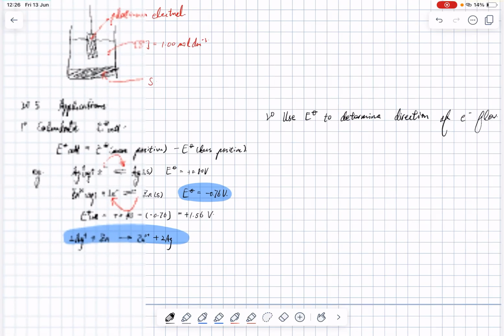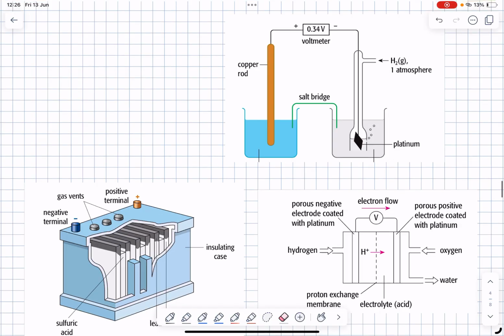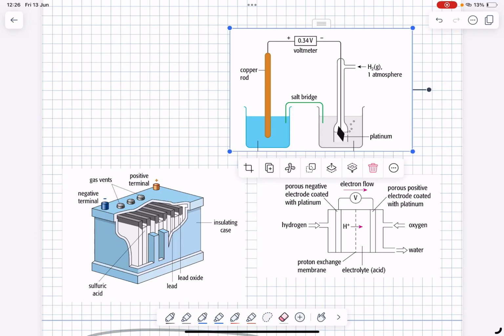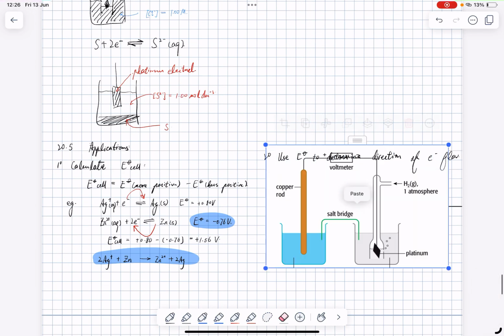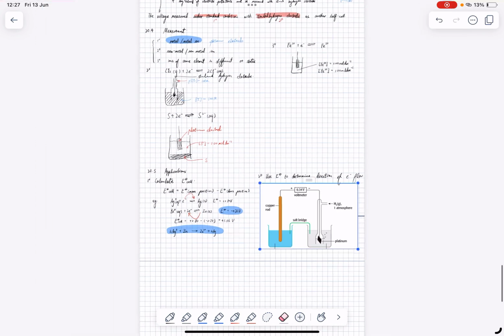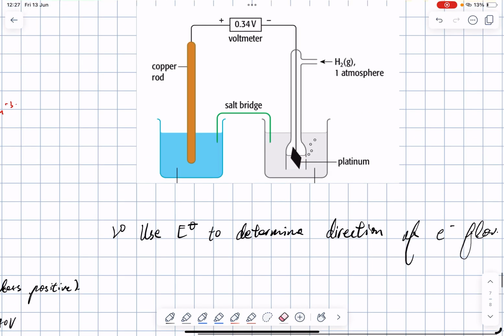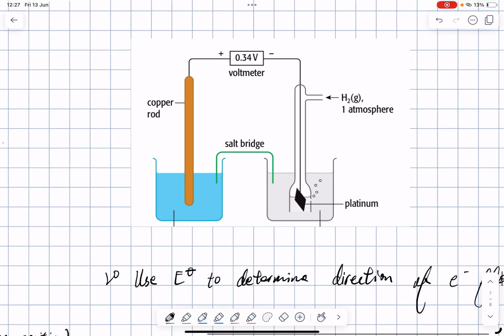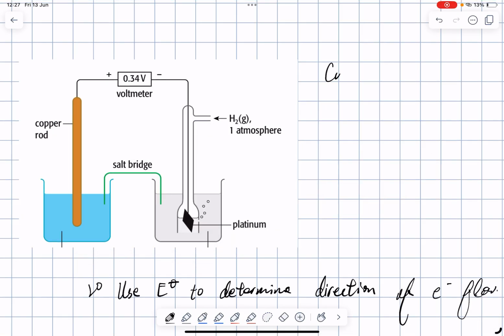Okay, I will give you another graph I prepared. Got it here. So you see we have 2 half cells and we connect them like this.